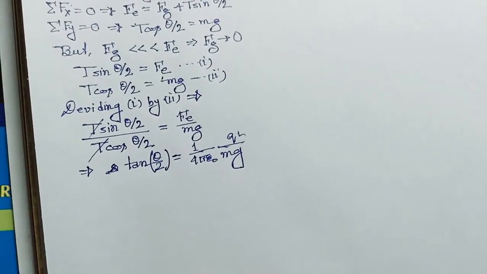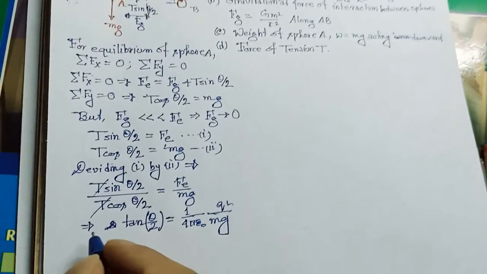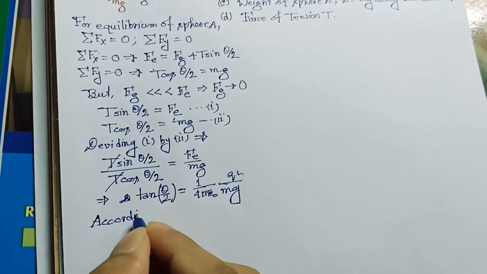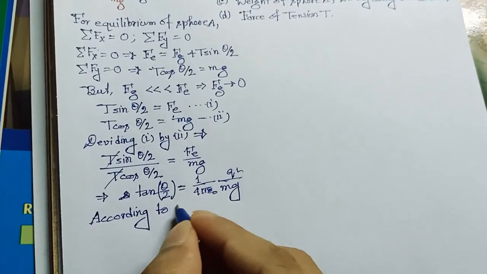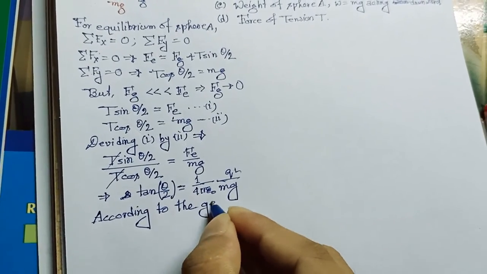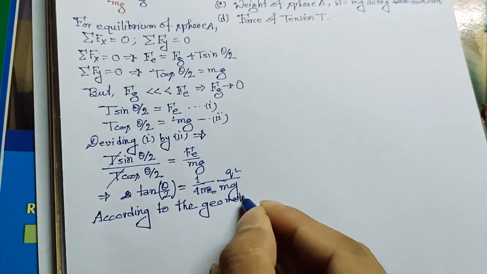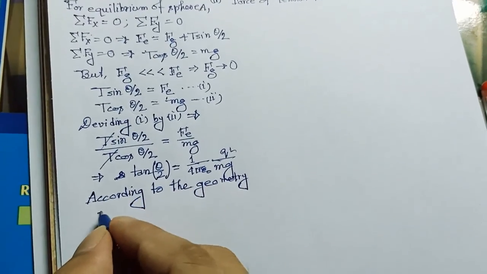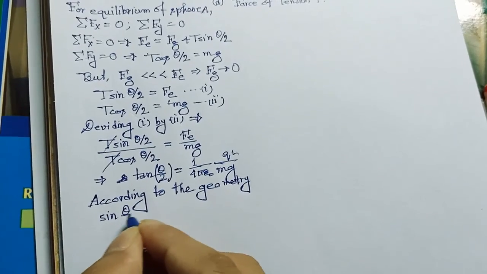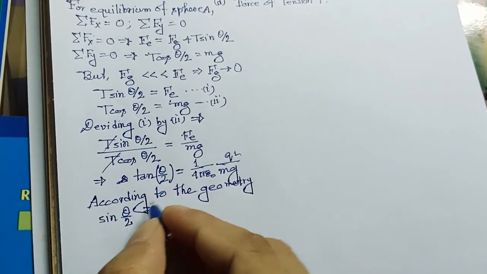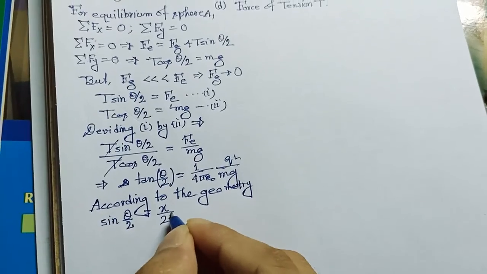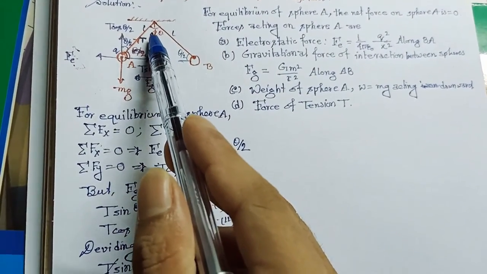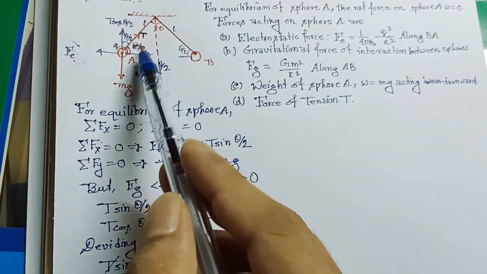Now according to the geometry of the figure, sin(theta/2) is equal to x divided by 2l, because here if we take this angle, sin(theta/2) will be equal to x divided by 2l.